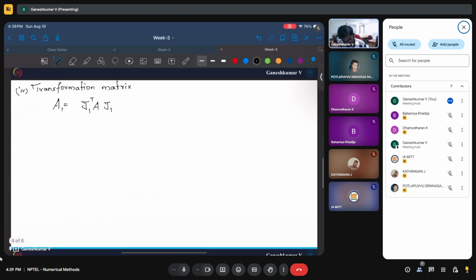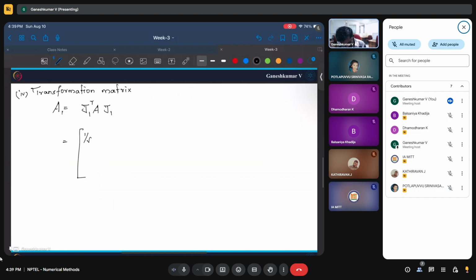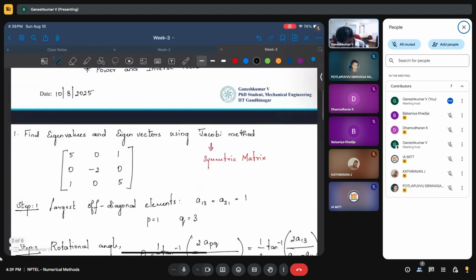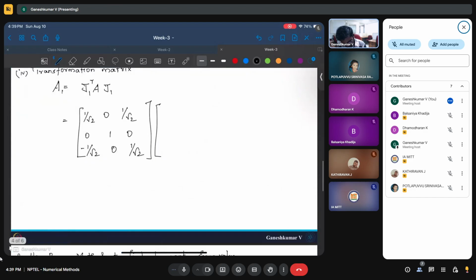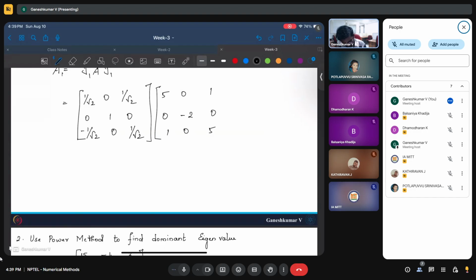Now let's just substitute it here. It's going to be 1 by root 2, 0, 1 by root 2; 0, 1, 0; minus 1 by root 2, 0, 1 by root 2, and then there is A: 5, 0, 1; 0, minus 2, 0; 1, 0, 5.